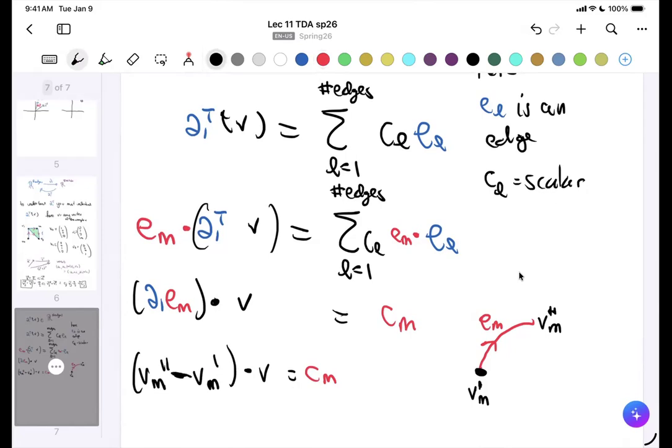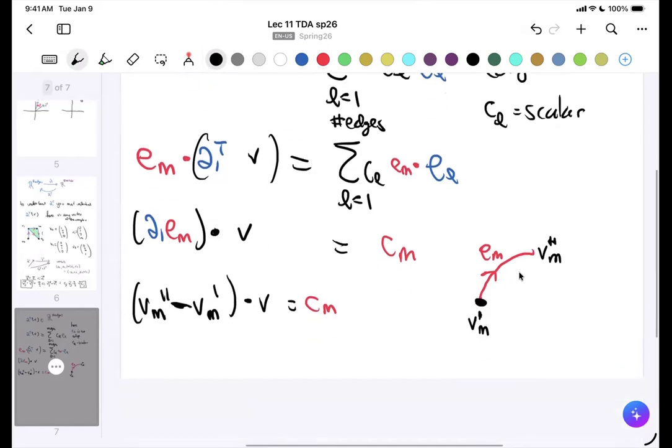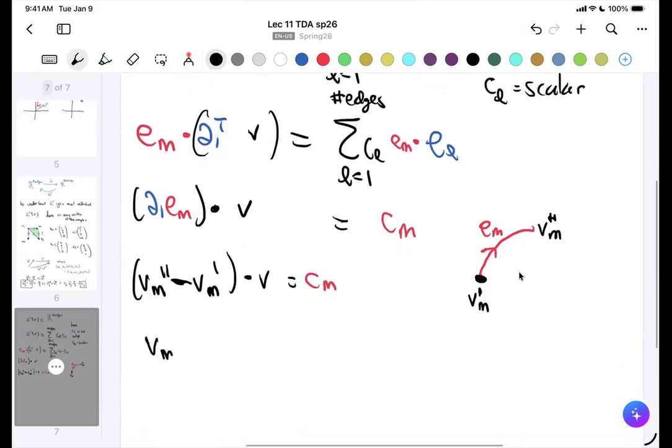But a dot product is distributive, right? So you can just take the individual dot products. And again, all the vertices are orthogonal to one another.